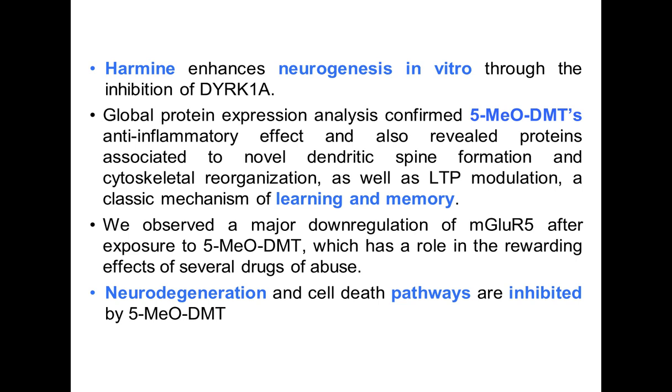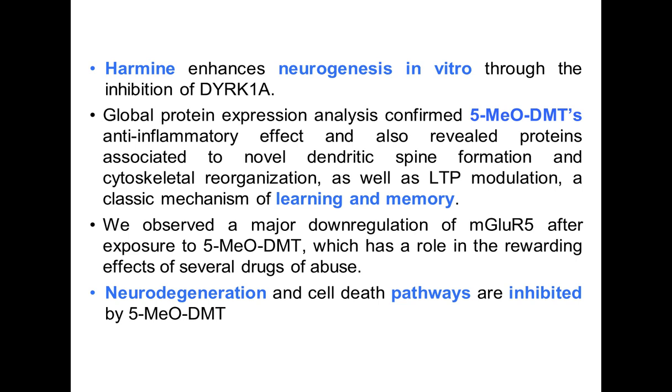And it's also interesting since there are scientists working on the potential of 5-MeO-DMT as a way to treat drug abuse. And finally, we observed that some cell death pathways are inhibited by 5-MeO-DMT. So there is interesting biology and potential therapeutic applications for psychedelics.